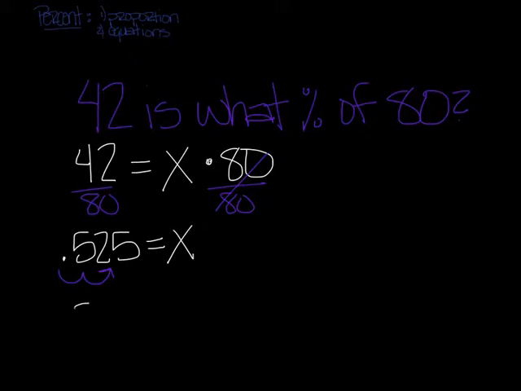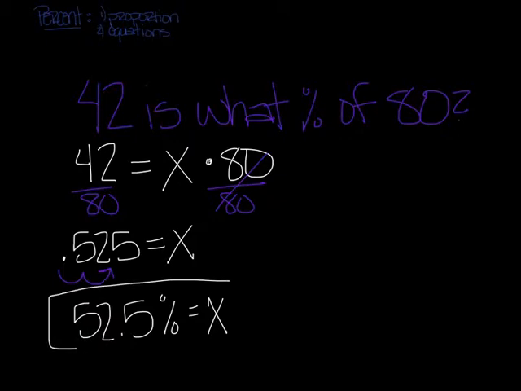So this becomes 52.5% is our value for x. So 42 is 52.5% of 80. Now, this was an example of equation strategy where we wrote an equation for our statement.